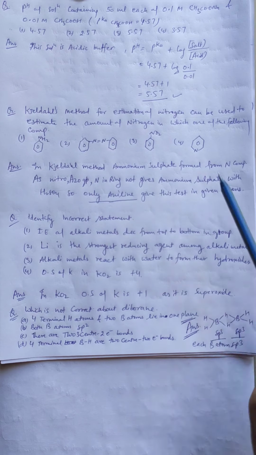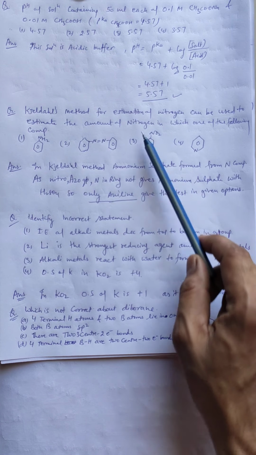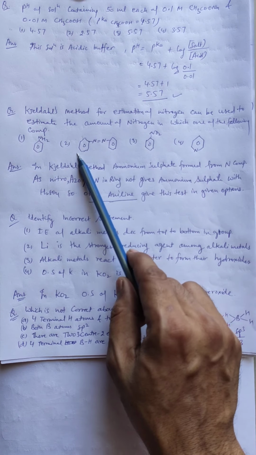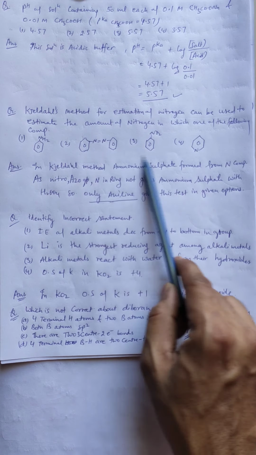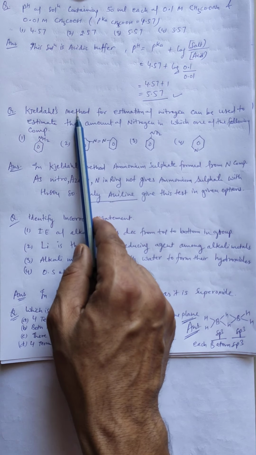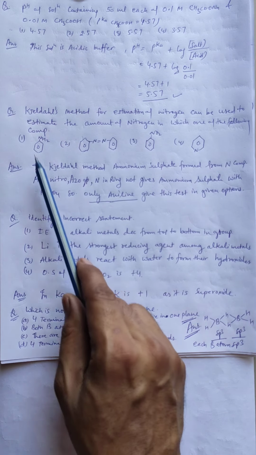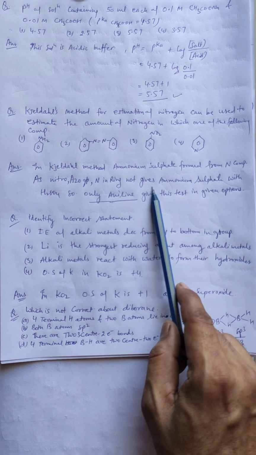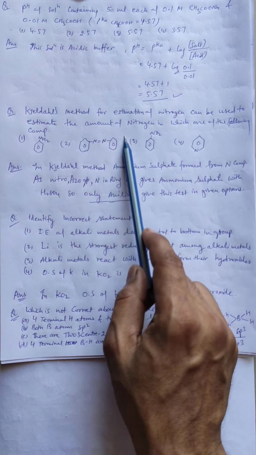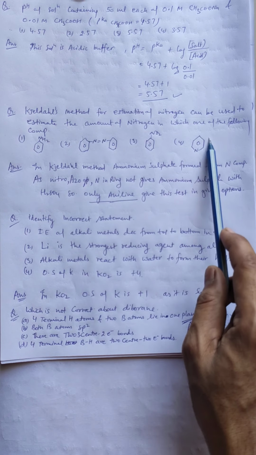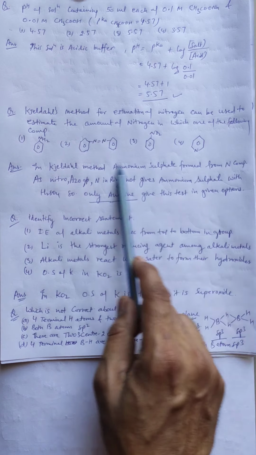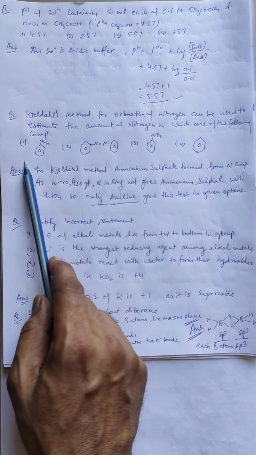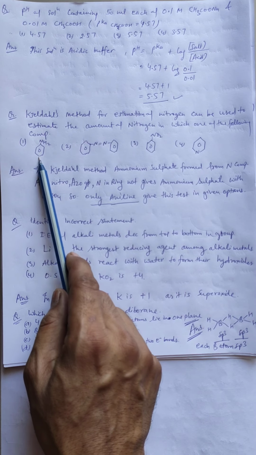Nitro compound is not going to evolve nitrogen, and nitrogen in ring is not going to evolve with sulfuric acid, because in the Kjeldahl method the compound is first treated with H2SO4 to form ammonium sulfate. The azo compound, nitro compound and nitrogen in ring do not form ammonium sulfate with H2SO4, only aniline forms ammonium sulfate. So that is the answer there.